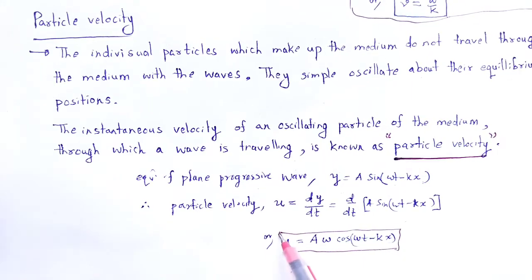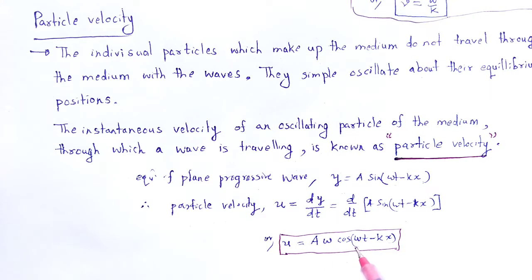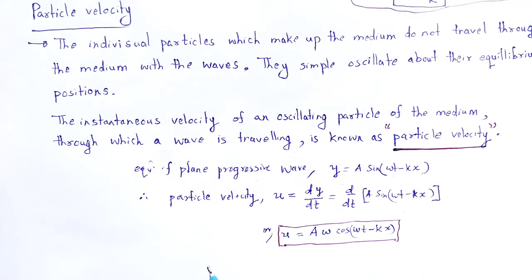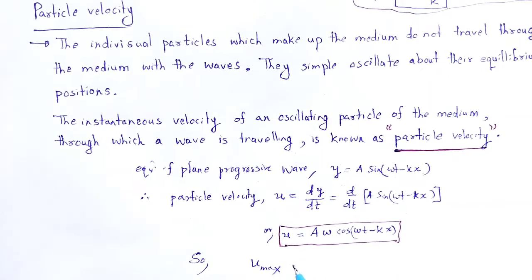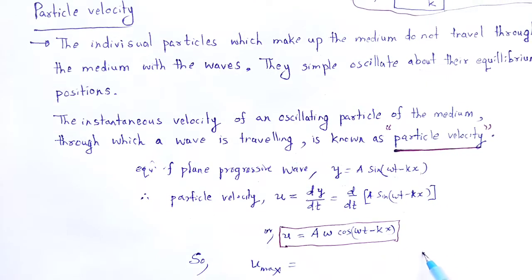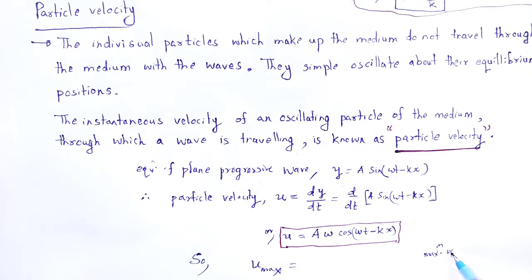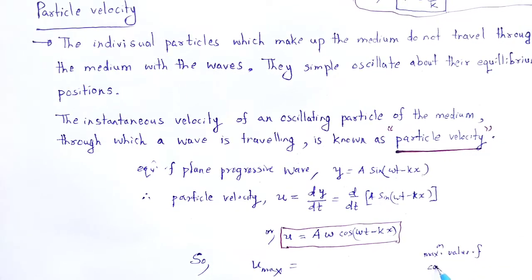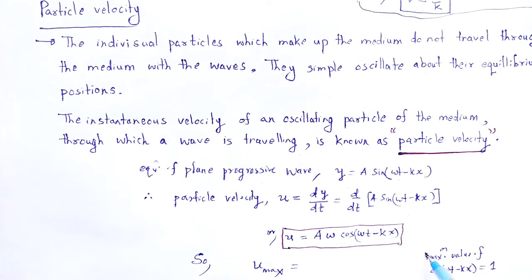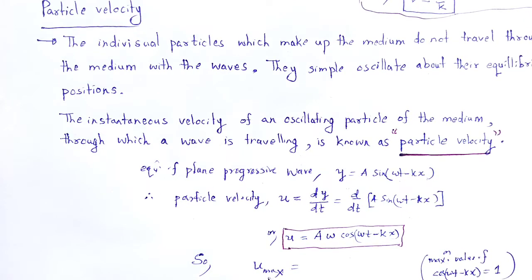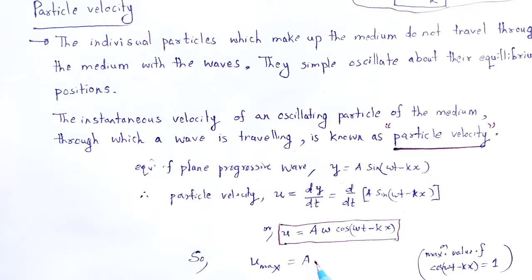That is the particle velocity. The particle velocity will be maximum when the cos term is maximum. So u max, when the value of cos(ωt − kx) is equal to 1, is equal to aω.